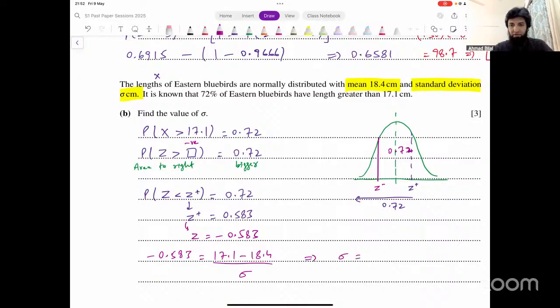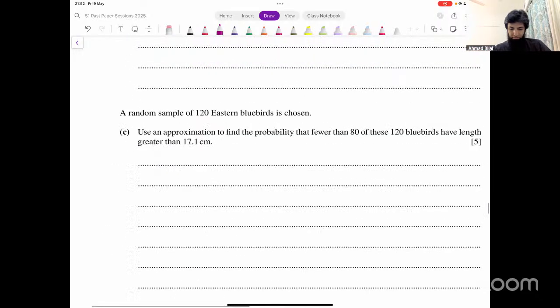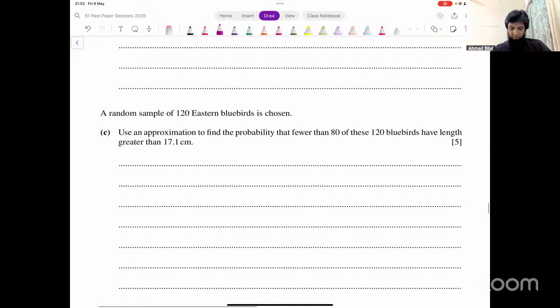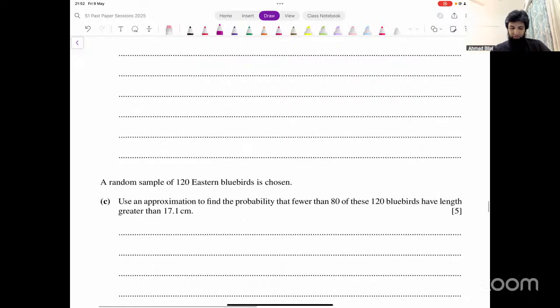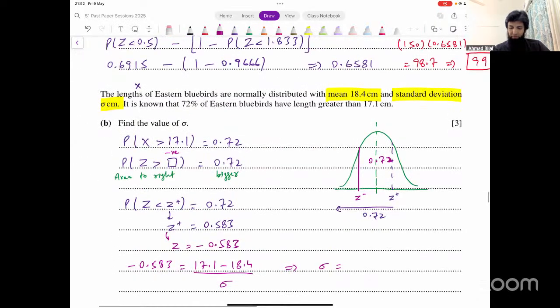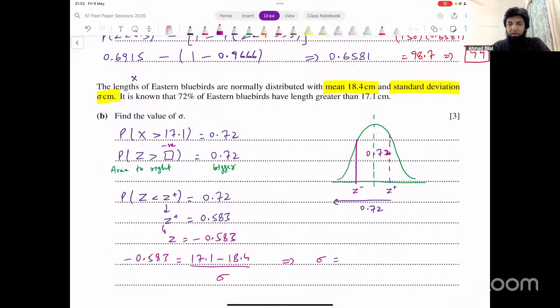What's the standard deviation that we get? We have to use that in the next part. So first write the more accurate number so that we can use the more accurate number in the next part, and then you can round that off afterwards.